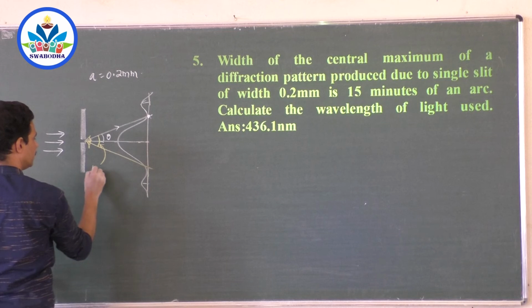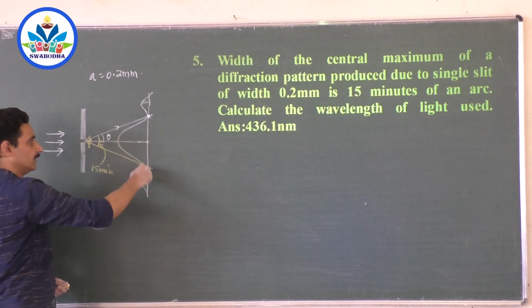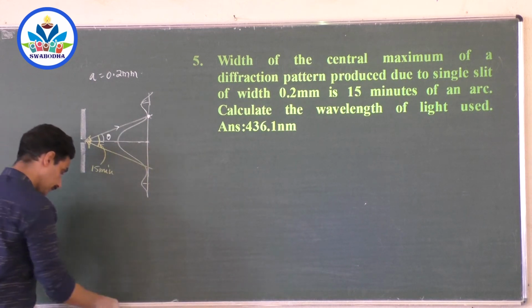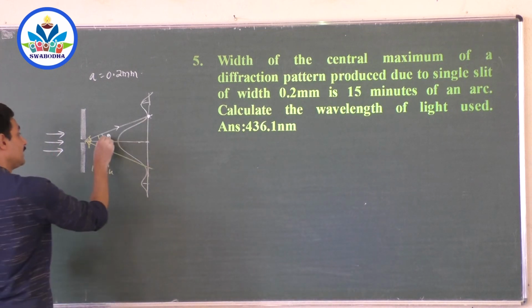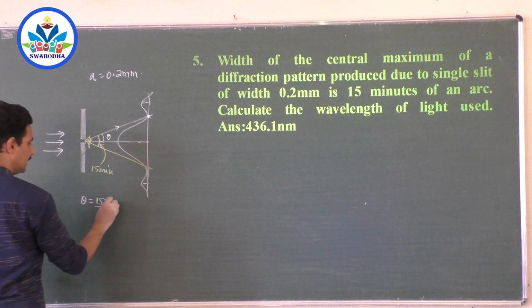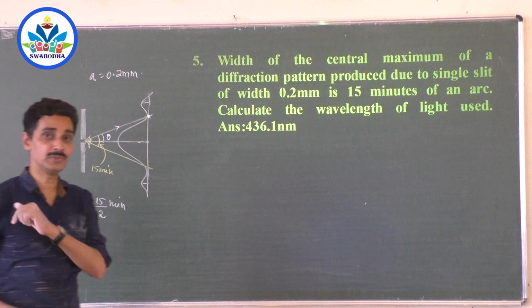This angle is 15 minutes of an arc. The arc is the full central bright fringe. Now, the theta we write here is 15 by 2 minutes. Am I right? Correct? It is 15 by 2 minutes.